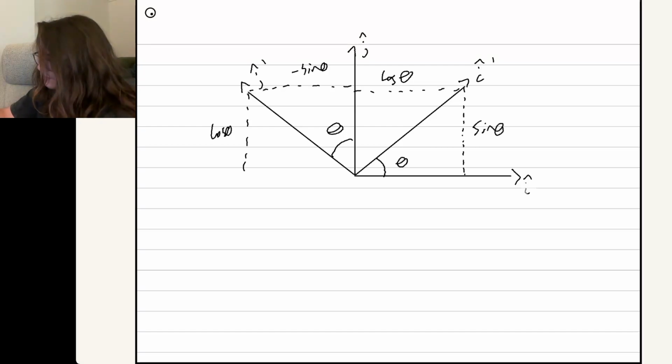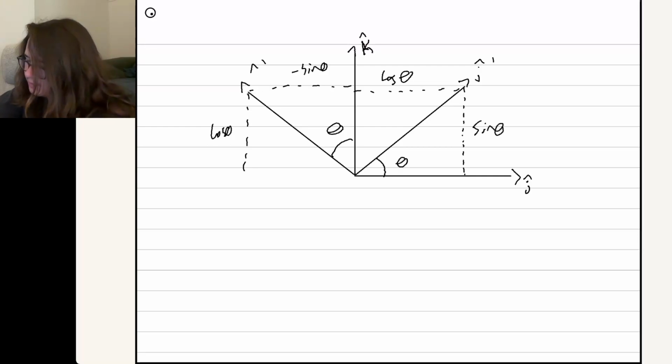Well, then all you'd have to do is recognize that now this is j hat, this is going to be j hat prime, this is k hat, and this is going to be k hat prime, right? And so all you need to do is pretty much use the same exact transformation equations.